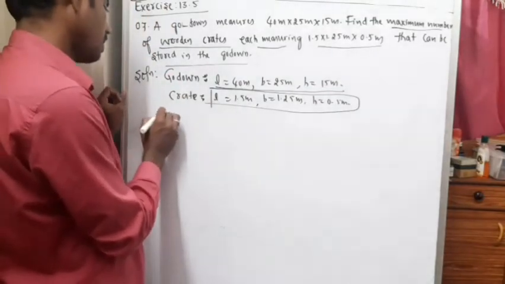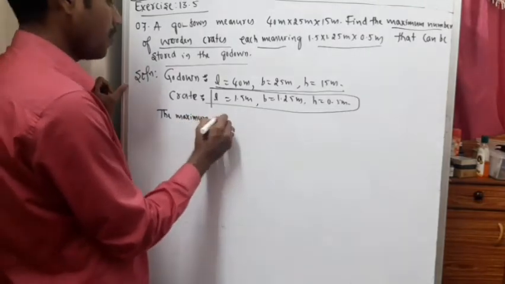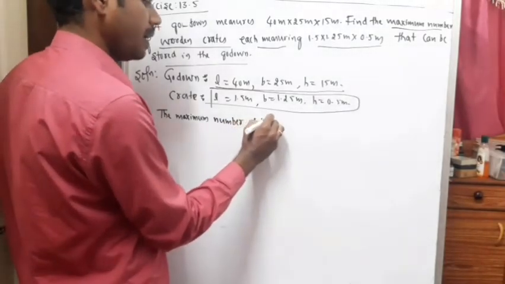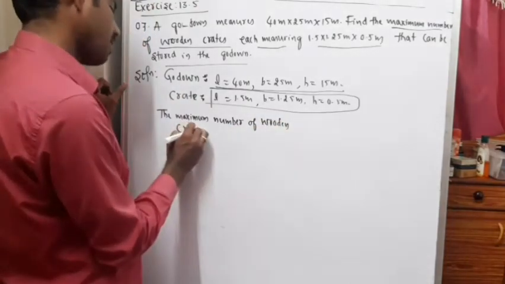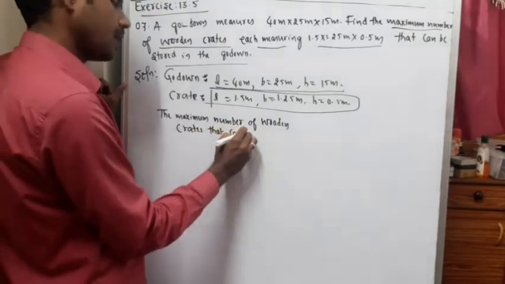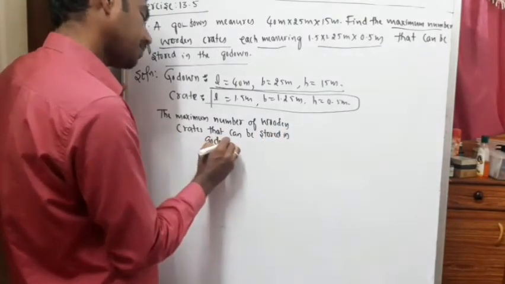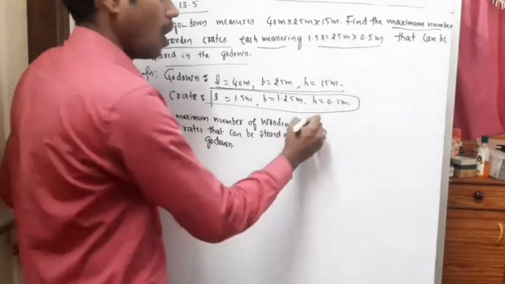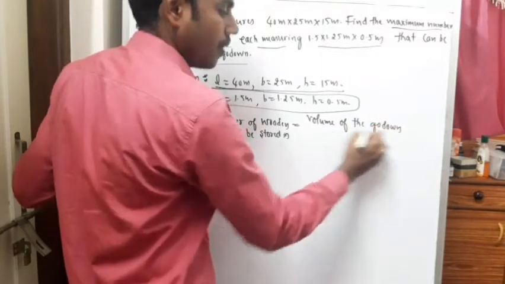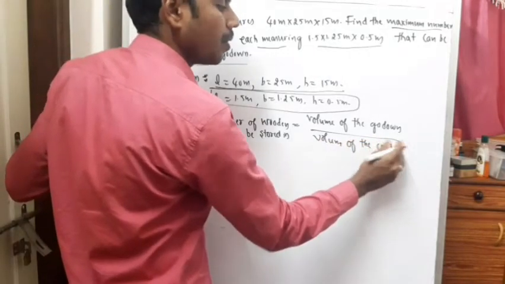Now, the maximum number of wooden crates that can be stored in the godown is equal to the volume of the godown divided by the volume of the wooden crate.